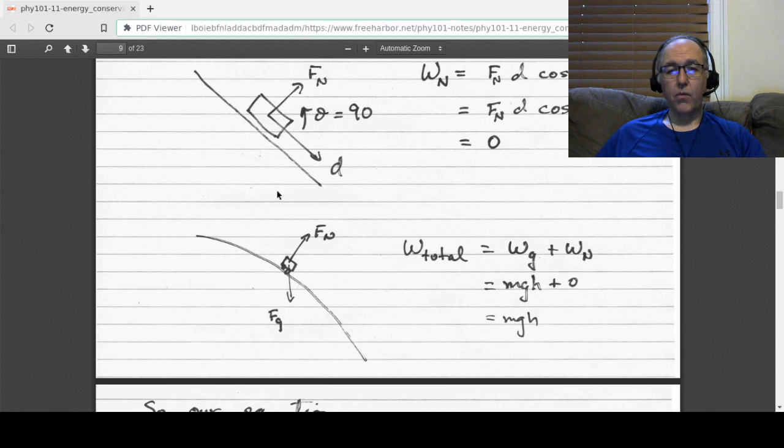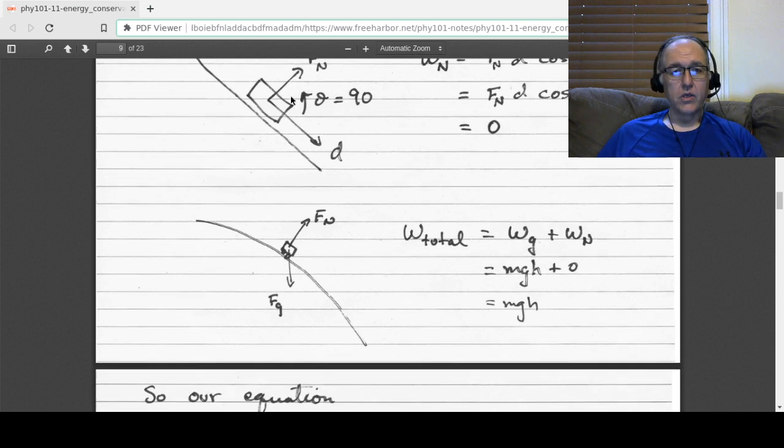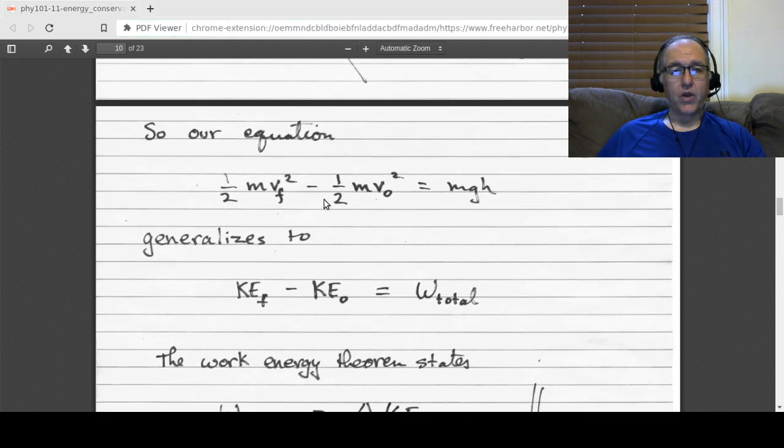Okay, and so what I basically showed you right now is that the total work as the roller coaster drops its vertical distance is going to be mgh. That includes the normal force, because the normal force has no contribution to the total work. Okay, so our equation, which we had above, basically can be rewritten as 1 half mvf squared.